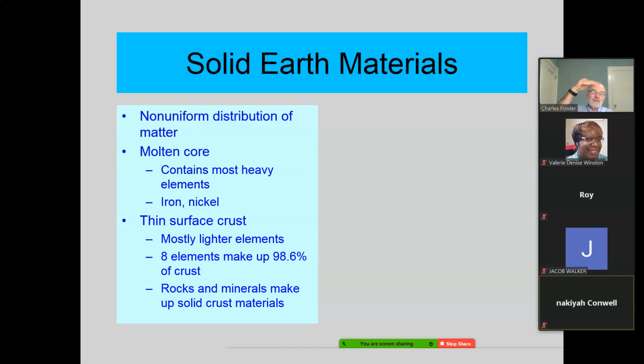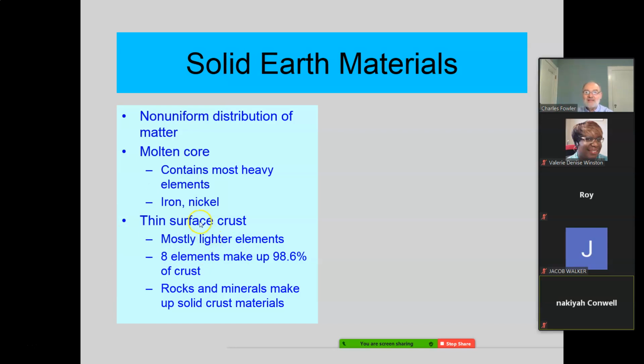Now, where we live is this thin surface crust. Okay? And in this surface crust, you have mostly lighter elements. Things on the upper side of iron in the periodic table. So you have the lighter things like carbon and calcium, magnesium, nitrogen, oxygen. You have all these things.